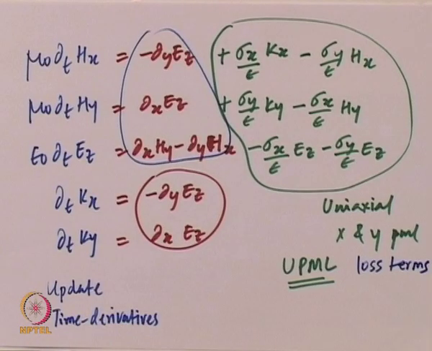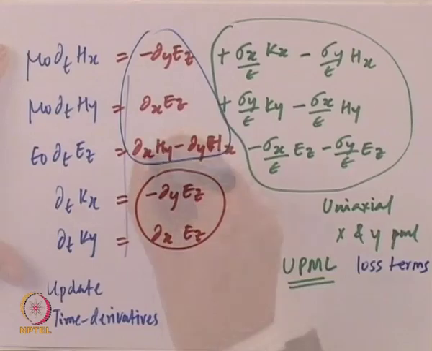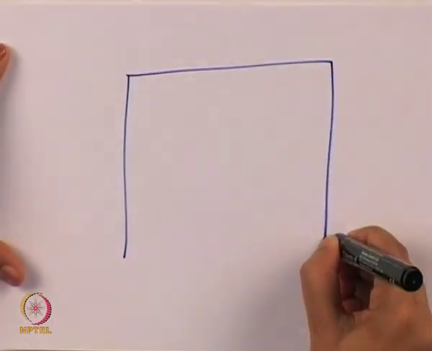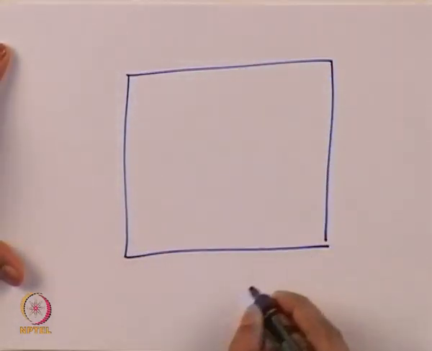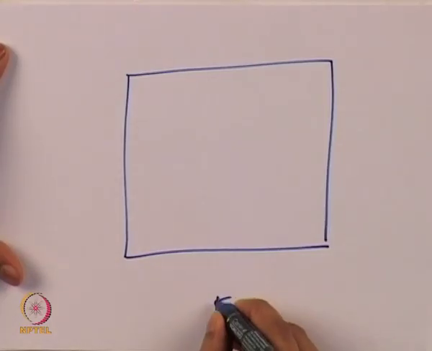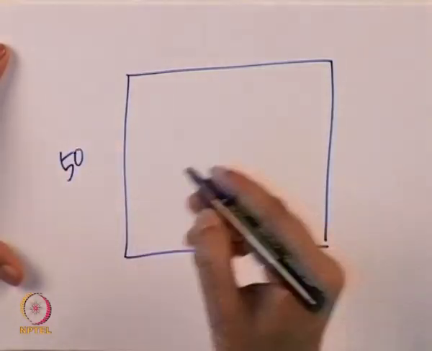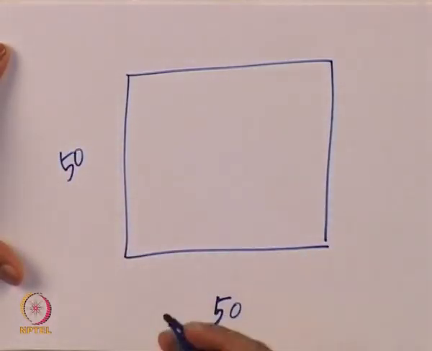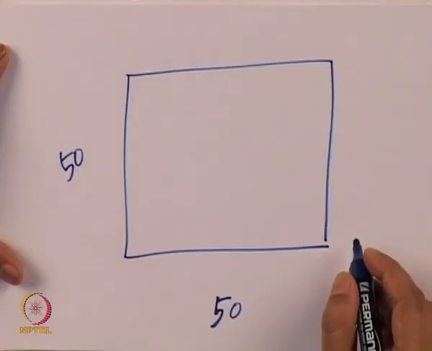So now let me describe the problem that we are going to model using a simple diagram. What we have got is a square domain. So the domain itself is going to be, let's say, 50 by 50, some arbitrary units. It could be meters, it could be centimeters, depending on what you are interested in.